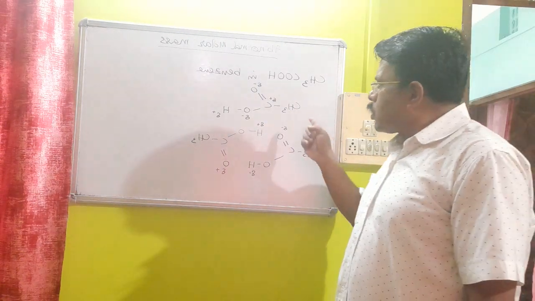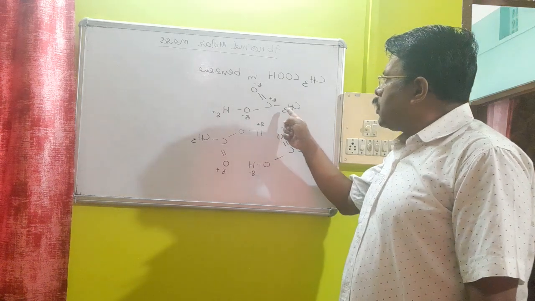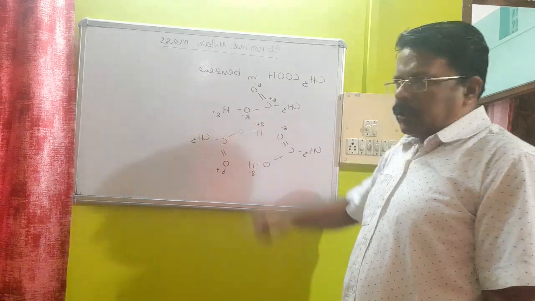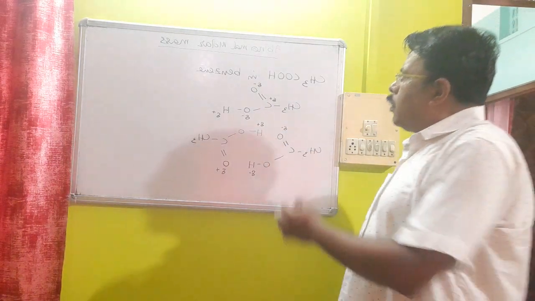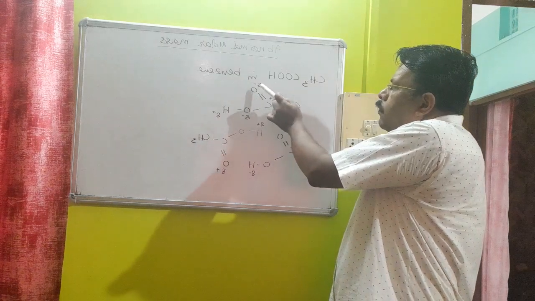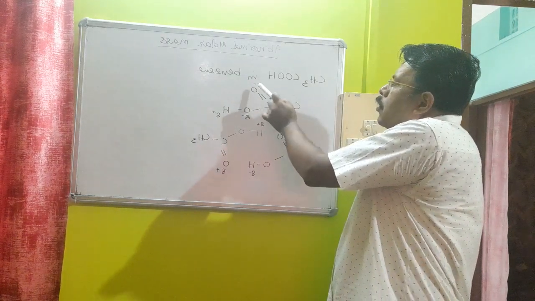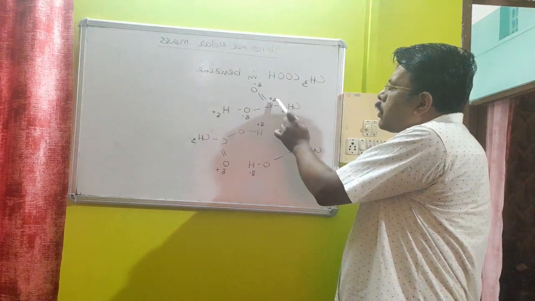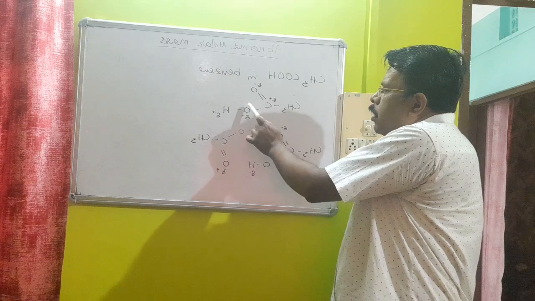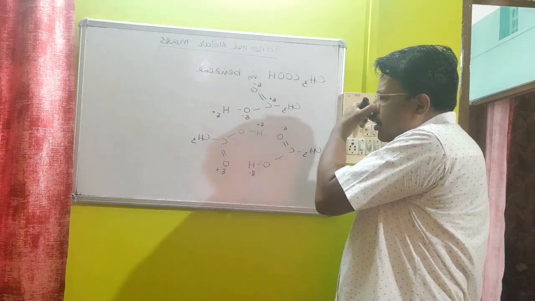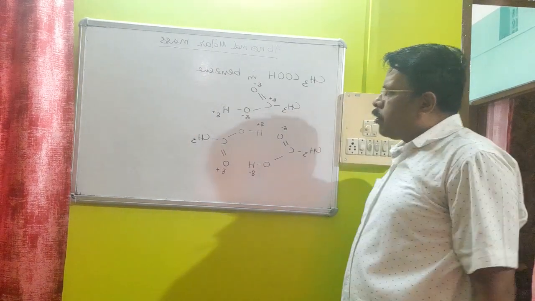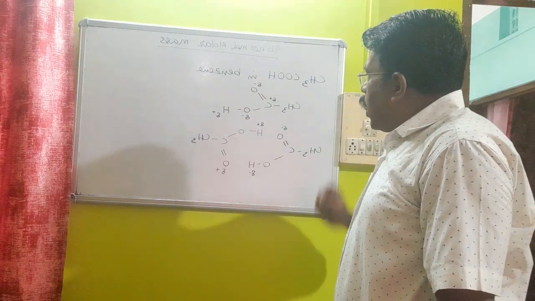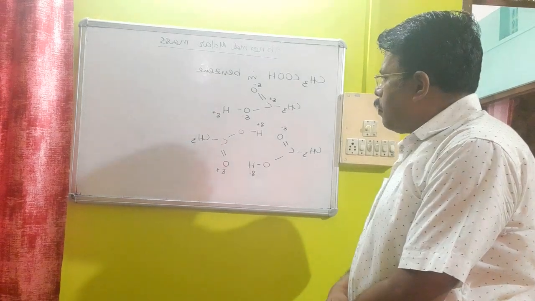The structure of acetic acid is CH3, single bond C, double bond O, single bond OH. Because oxygen is more electronegative than carbon, oxygen will have a slight negative charge and carbon a slight positive charge. Here O has a slight negative charge and H has a slight positive charge. So what happens with acetic acid in benzene?